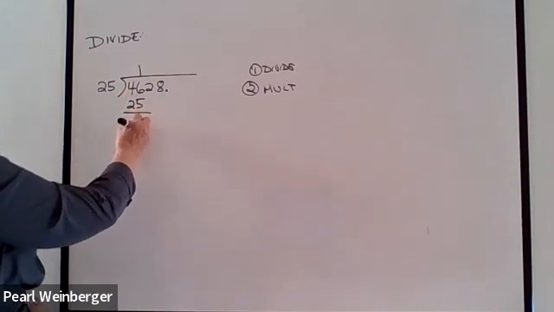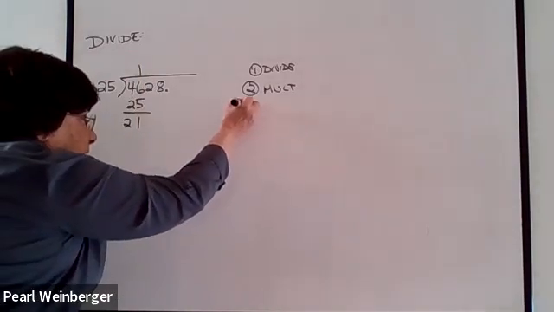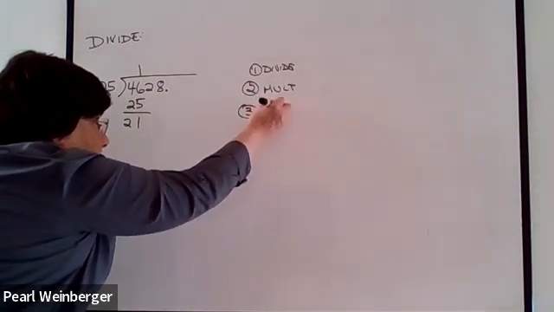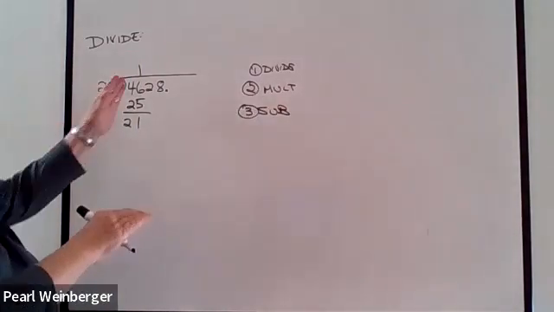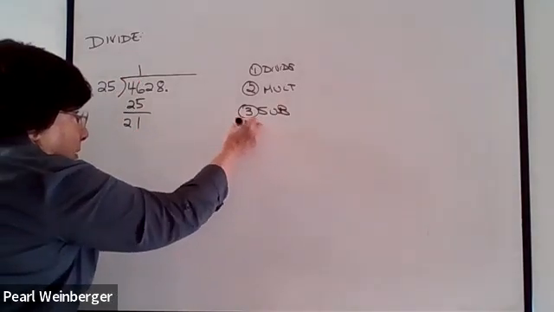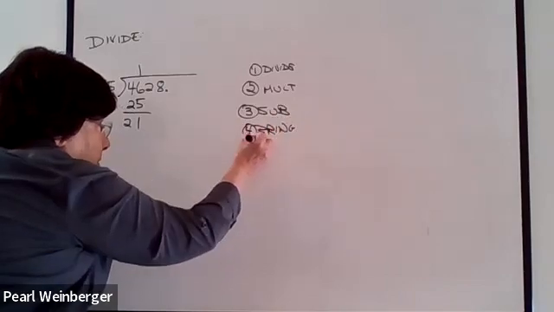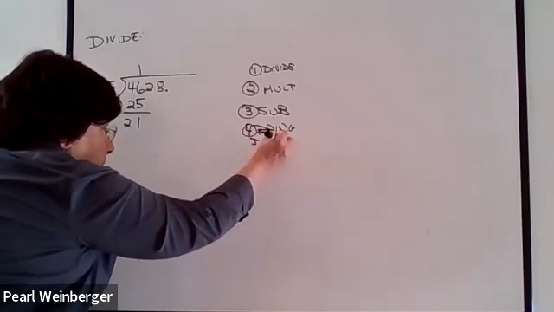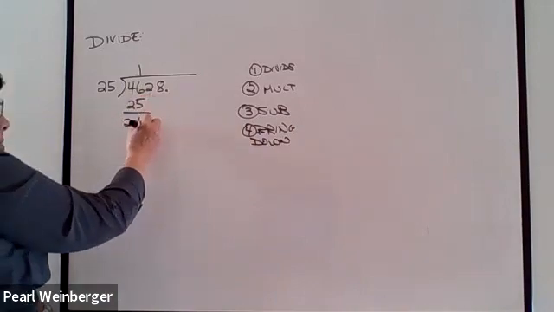So this is going to give me 1 and this is going to give me 2. So the next thing is I subtract. And after I subtract, then I bring down the next number. Now the next number happens to be 2.